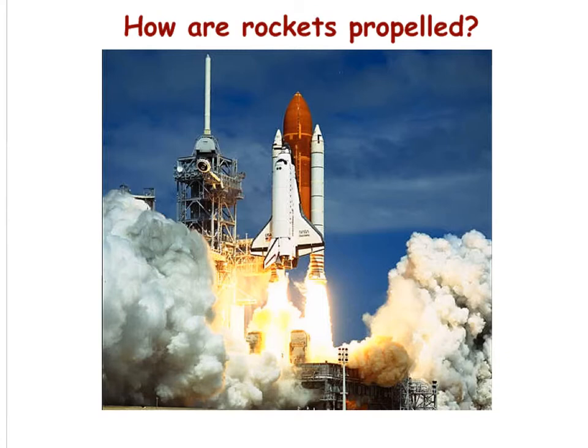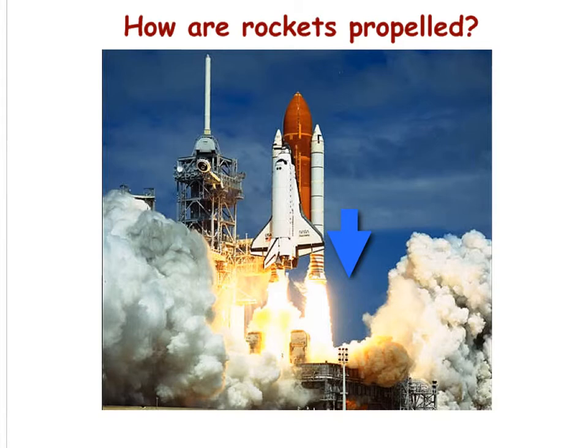Now let's look at our last question. How are rockets propelled? And this is just a combination of some of these things we've already been talking about with conservation of force and momentum. Let's look at some of the forces at work here first. Let's look at the force of the rocket engine, that is the force that is exerted on the hot gases that are being produced by fuel being burned.